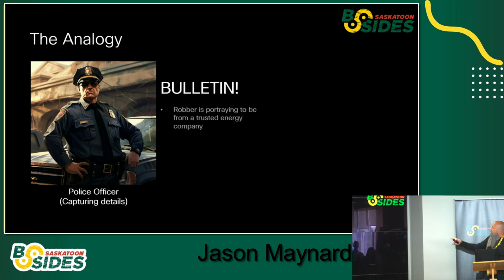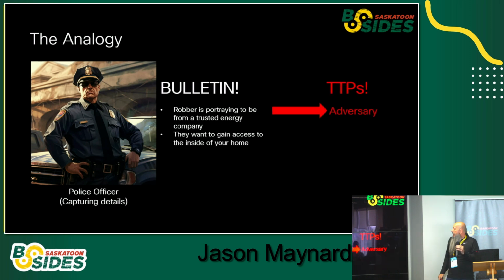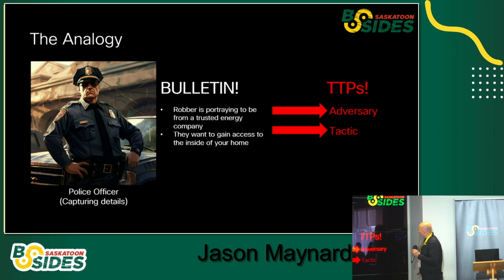But if you look at it, this is exactly aligned to the MITRE ATT&CK framework. The robber is portraying to be from a trusted energy company, which happens to be the adversary. Then they want to gain access. So what is their motivation here? The tactic. And then what is the technique, right?